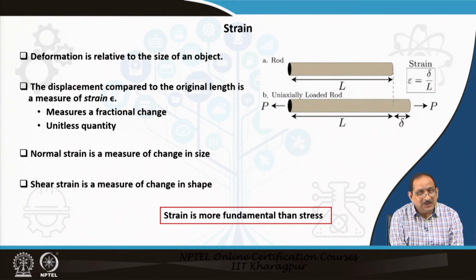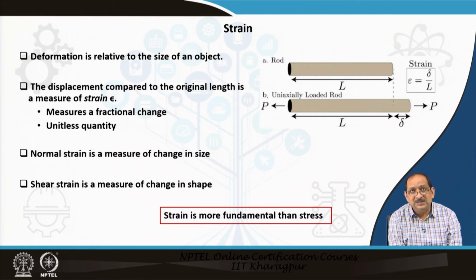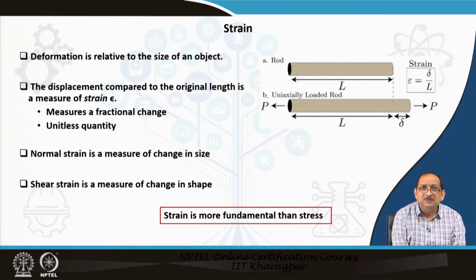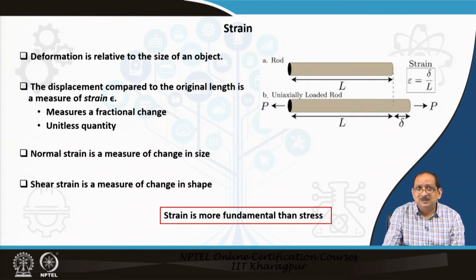The average linear strain is the ratio of the change in length to the original length. So, strain is deformation relative to the size of an object. The displacement compared to the original length is a measure of strain epsilon. So, it is basically measuring a fractional change and it is a unitless quantity.